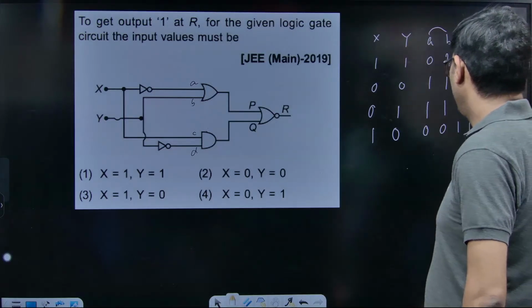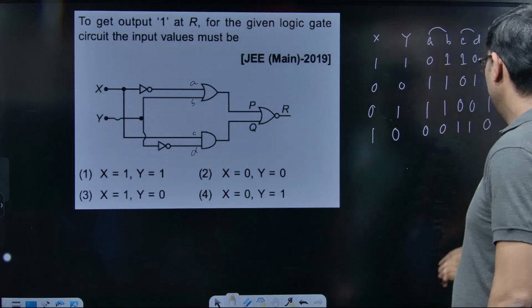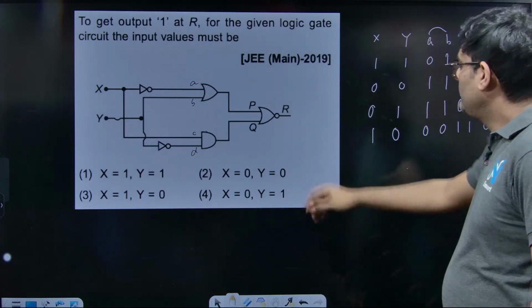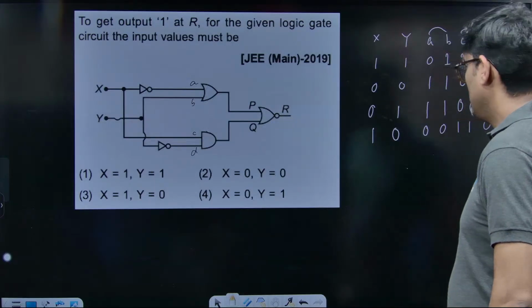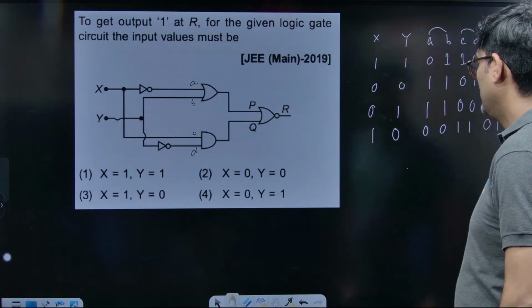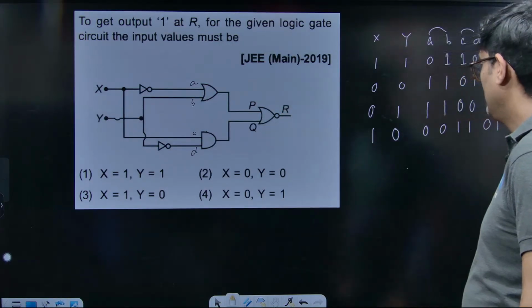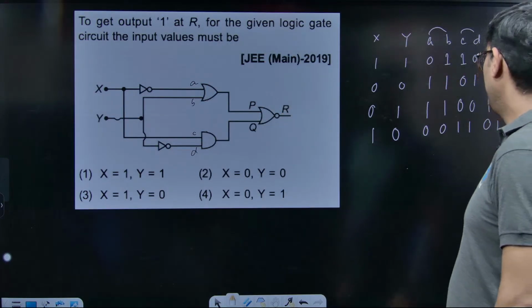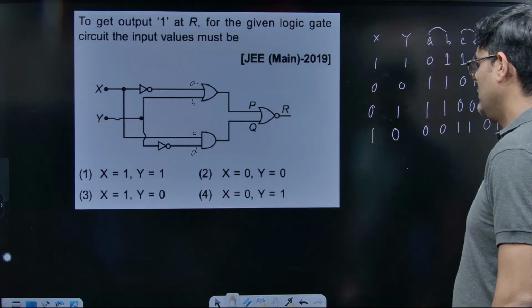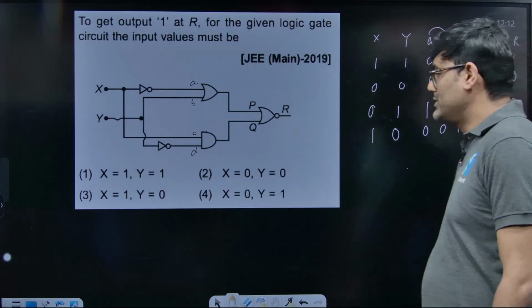What is 0 or 0? Of course it is 0. What is 1 and 1? It is 1. So P is 0 and Q is 1, then the OR operation makes it 1, and the opposite is 0. I'm getting all 4 options to be 0 only.